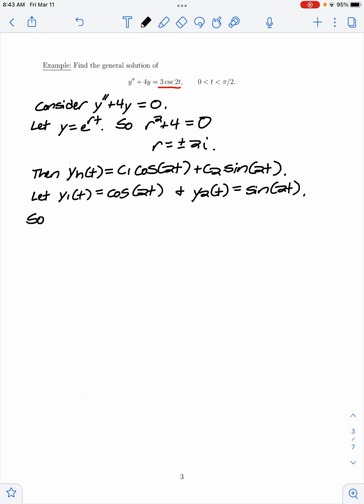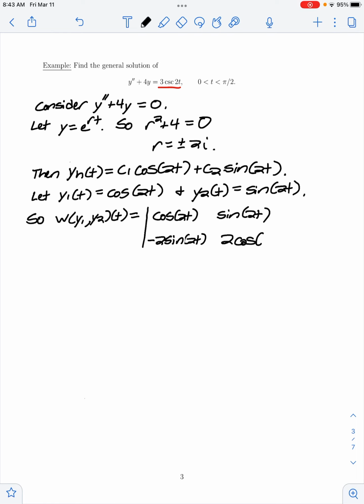So that my Wronskian of y1 and y2 would be the determinant of the matrix where my first row would be cosine of 2t and sine of 2t. And my second row, the derivatives, would be negative 2 sine of 2t and 2 cosine of 2t.